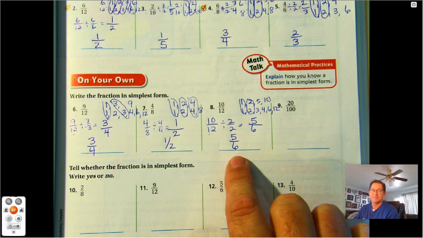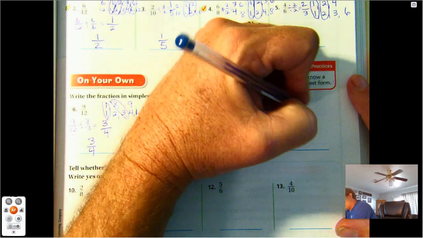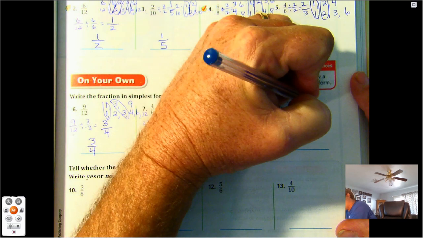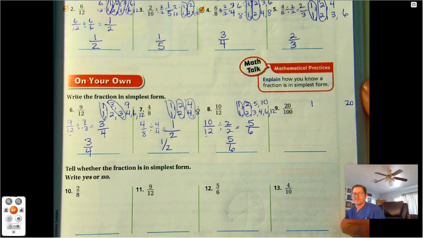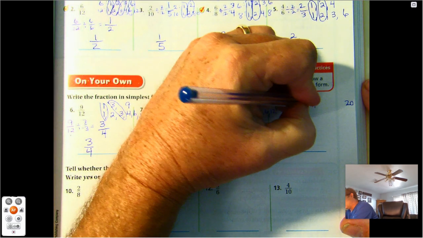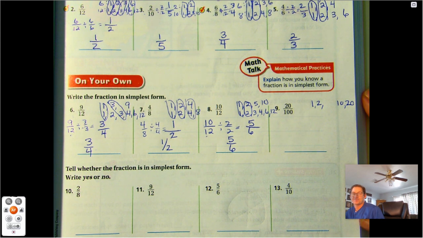All right, 21/100. So we know 1 and 20. 2 is a factor because 20 is even. So that means 2 times 10. 3 is not a factor. 2 plus 0 is 2. So 2 can't be divided by 3. 4 works.